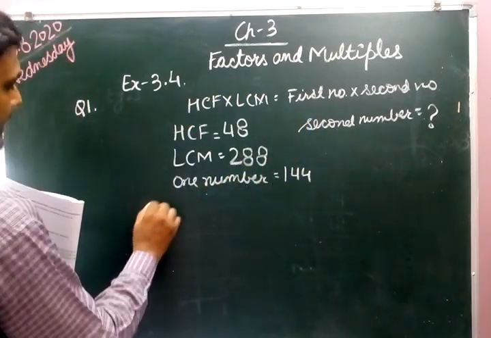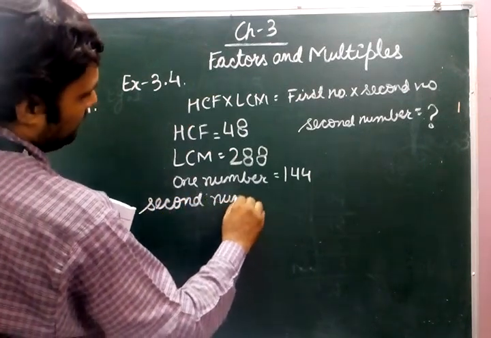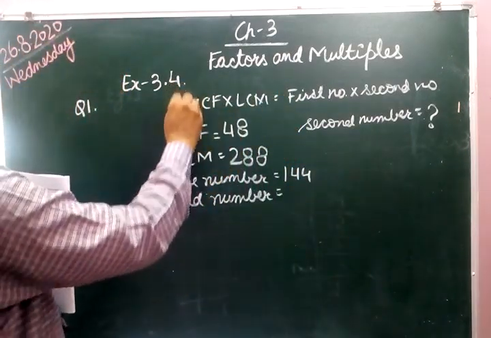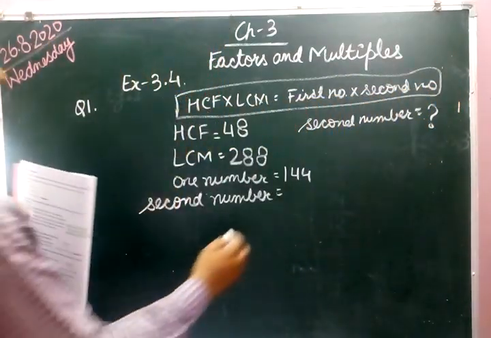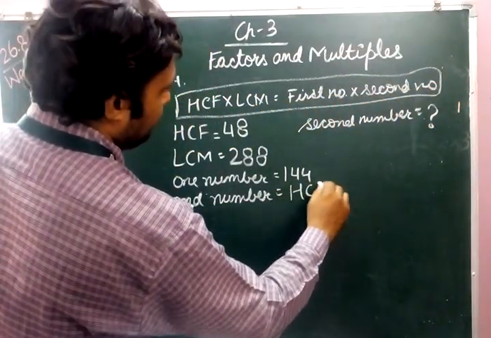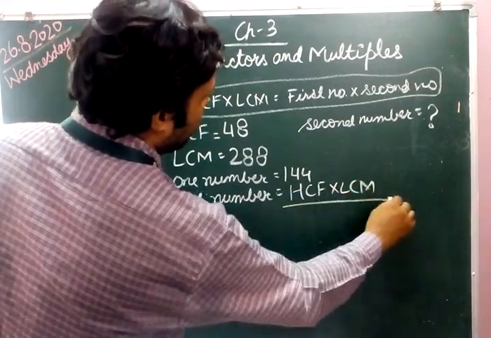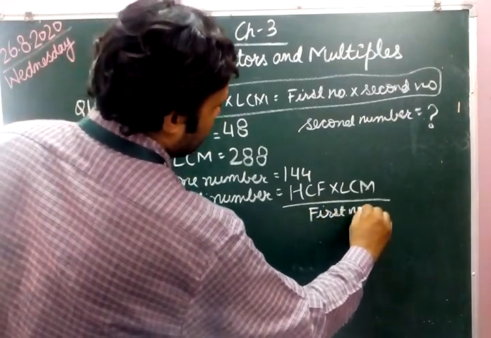From this formula you can easily make the other three formulas. The second number is HCF multiplied by LCM divided by the first number.